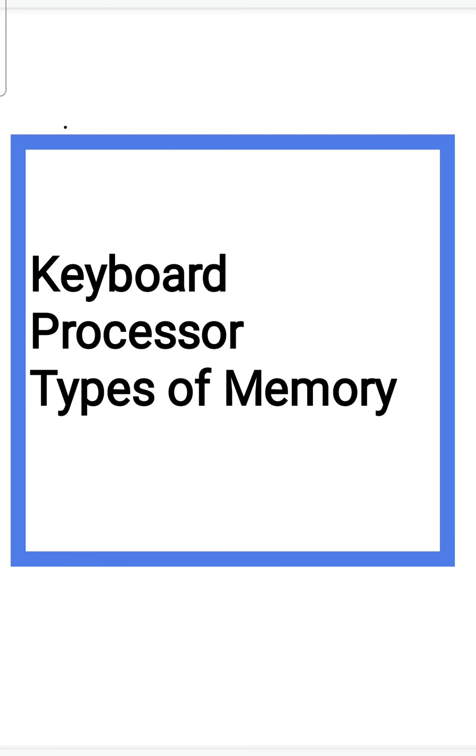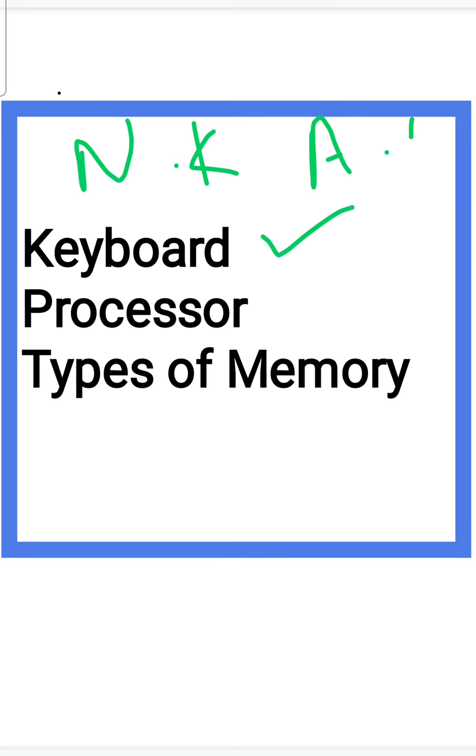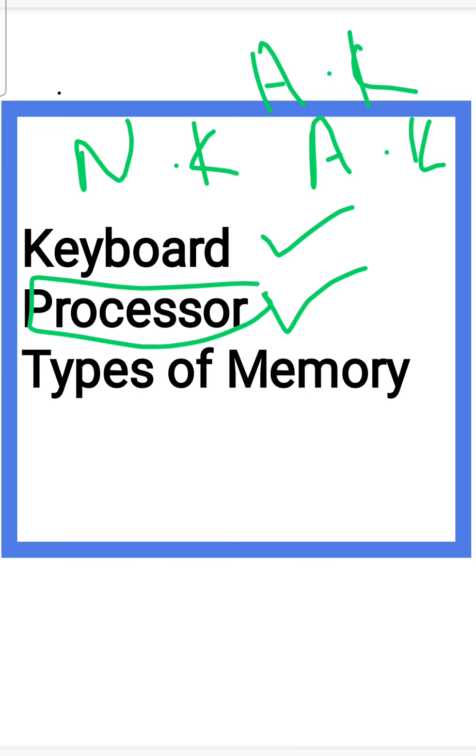So today we learned about the keyboard. In the keyboard we learned the number keys, number pad, and function keys, which are the 12 function keys on a keyboard. Then we learned the alphabet keys and the arrow keys. After that we saw the processor, which is the brain of a computer. Without the processor, no program can run, so the processor is very important.